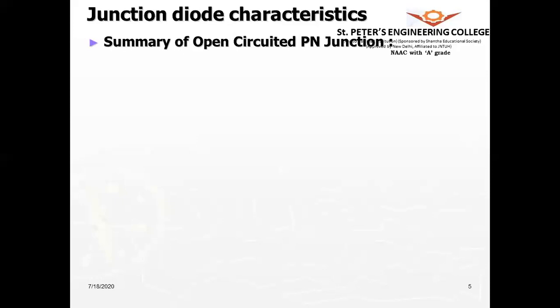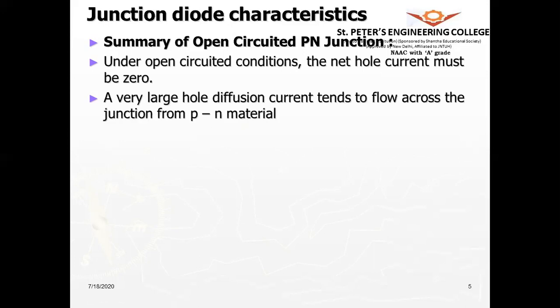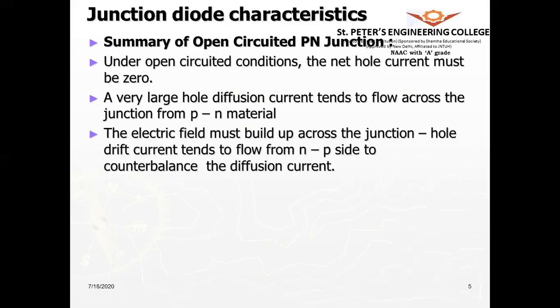What we have seen in an open circuited PN junction is that under open circuit condition, the net hole current must be 0, and a very large hole diffusion current tends to flow across the junction from the P to N material.